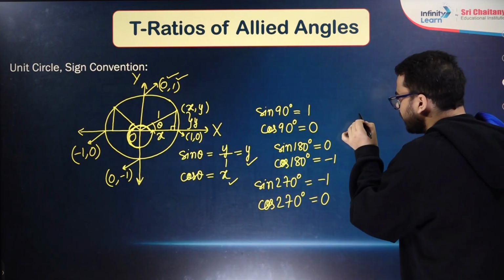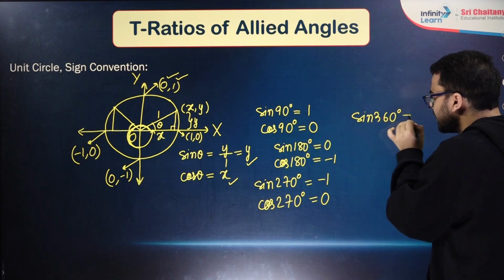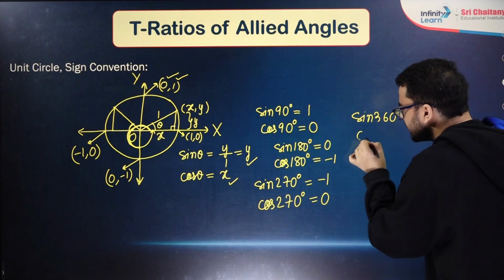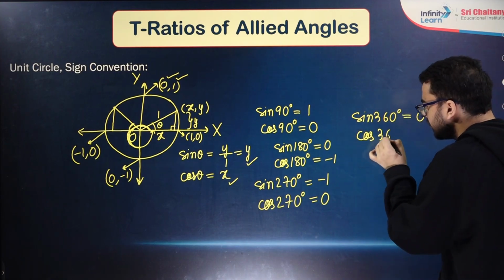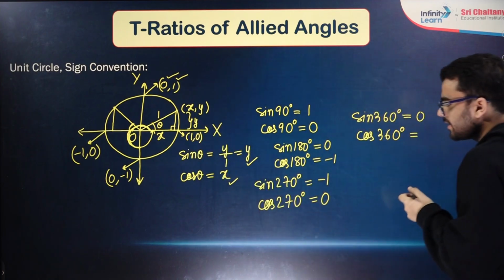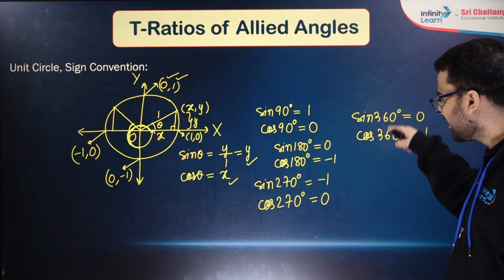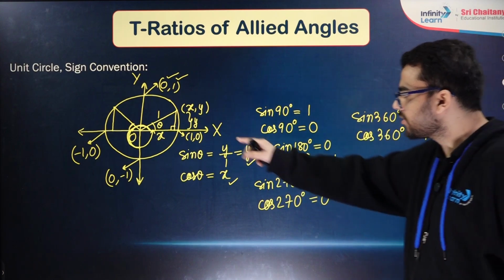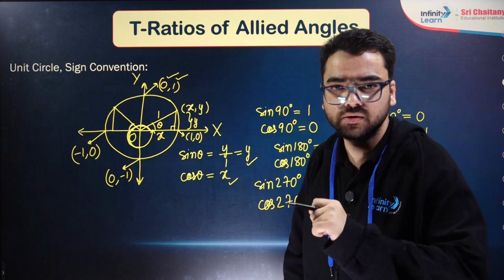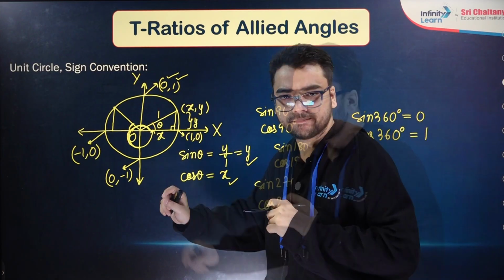So therefore, sine 360 degrees is the corresponding y coordinate, 0, and cos 360 degrees is the corresponding x coordinate, that is 1, right? So I hope this logic is clear. Even if you don't remember, you can quickly think in terms of unit circle and then you can tell the values. Now there is one more thing called sign convention, right?